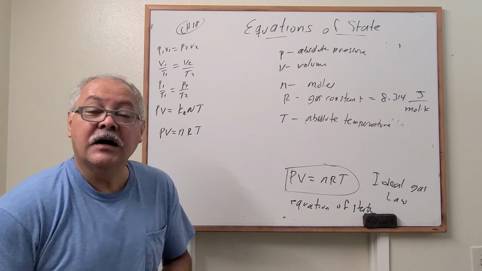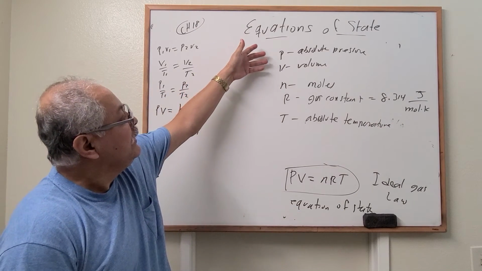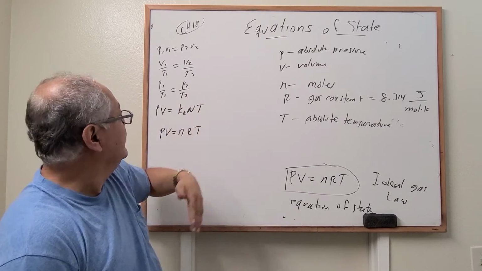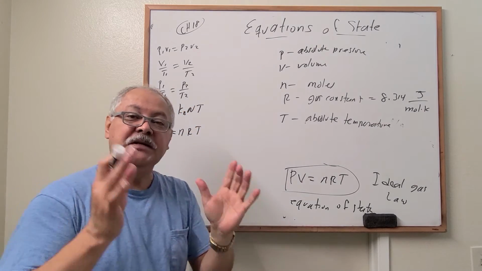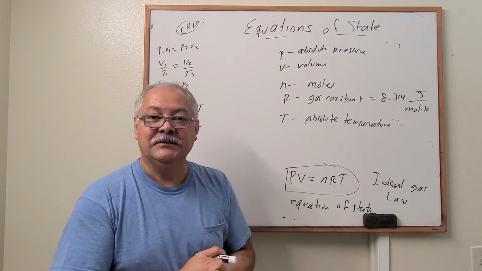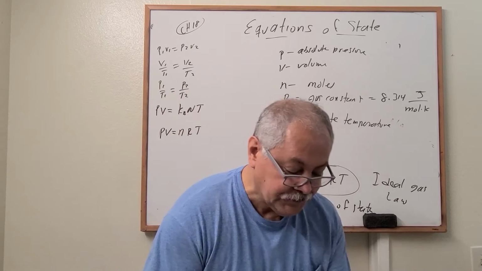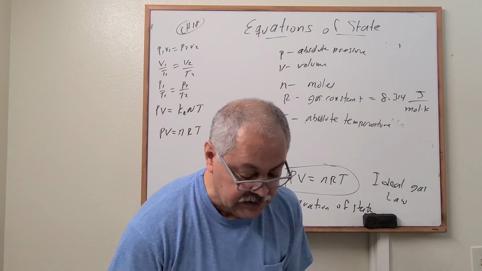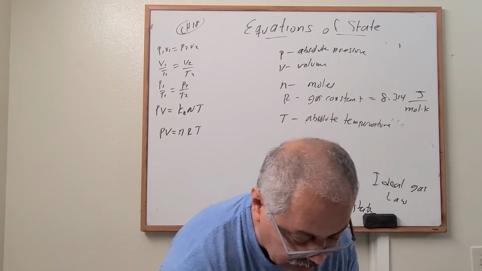These are the variables of state, which describe each state of an ideal gas. We have another equation of state, called the van der Waals equation.